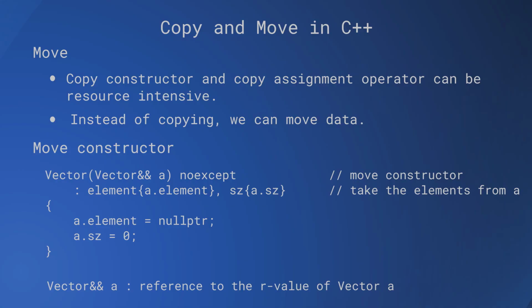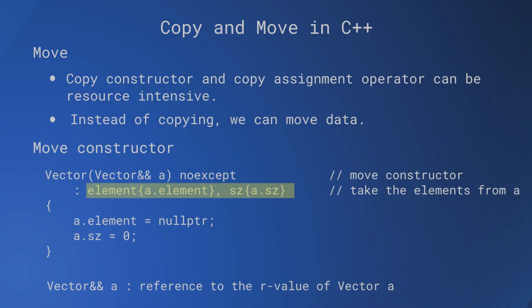The L value comes on the left side of the assignment operator and the R value comes from the right side of the assignment operator. So the name is the L value and the data associated with the name is the R value. Here we are interested in the data, and vector&& a gives a reference to the R value, and the move constructor is quite simple.